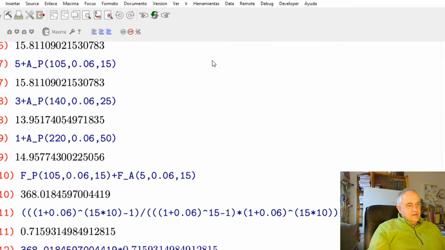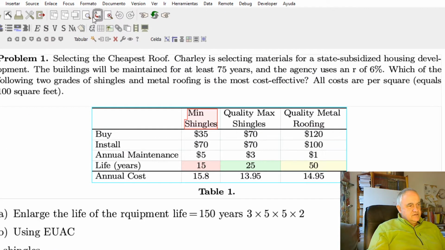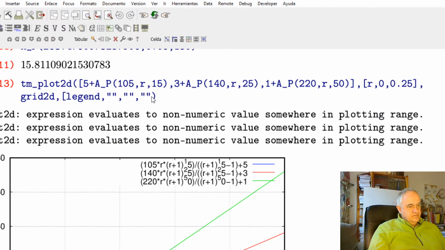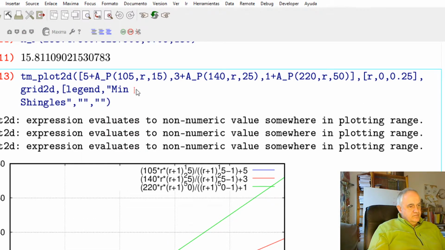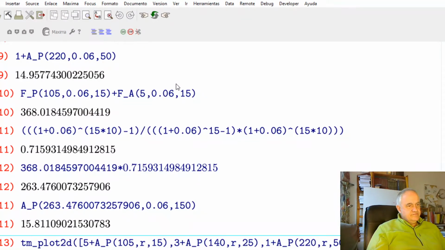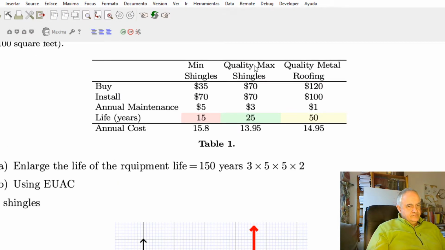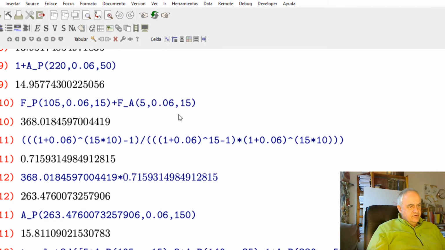And I will take the names of the solutions from the table: min shingles for the first one, max shingles for the second, and metal roofing for the third one.